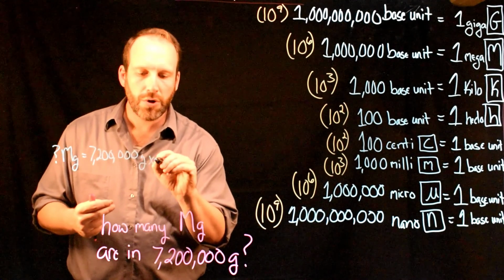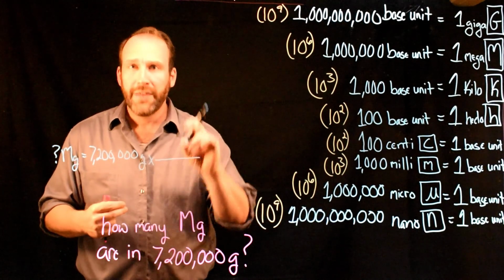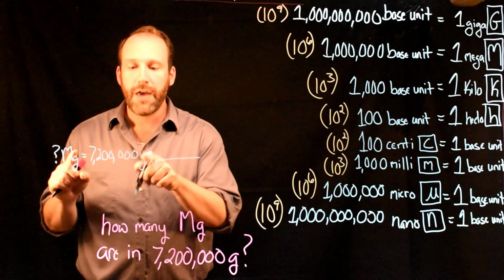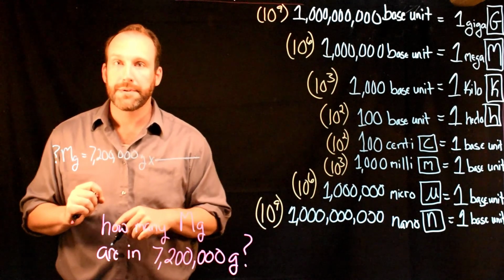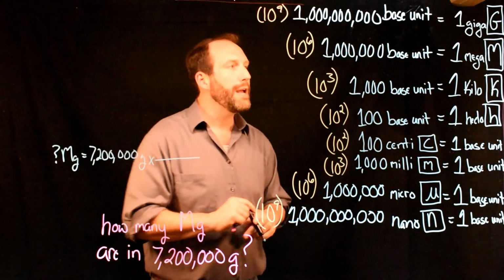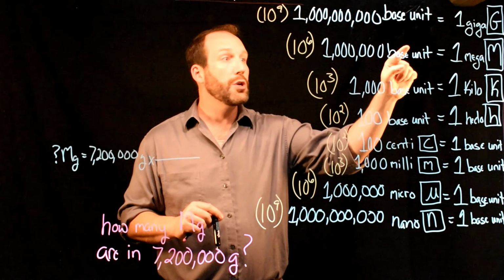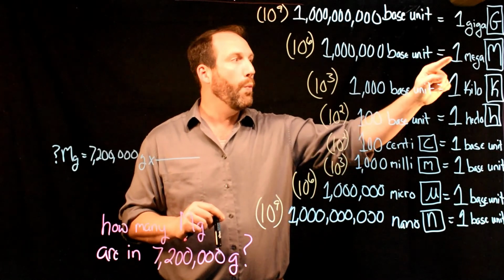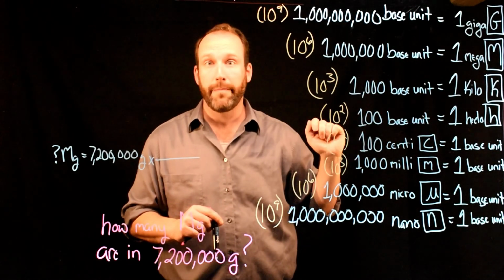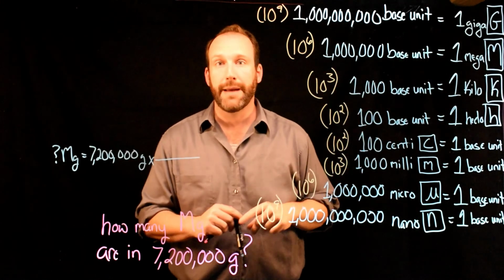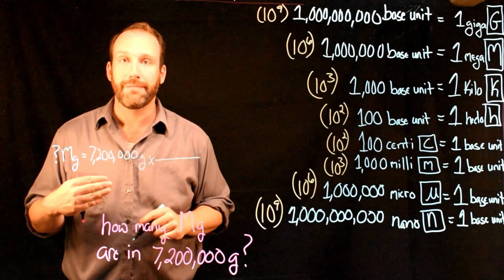I'm going to need to multiply by some fraction that contains an equality that links together grams and megagrams. Well, I can go up here, and what I see is that there are 1 million grams in 1 megagram. So that's our relationship there.